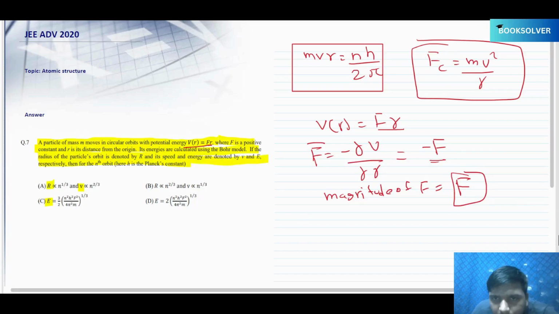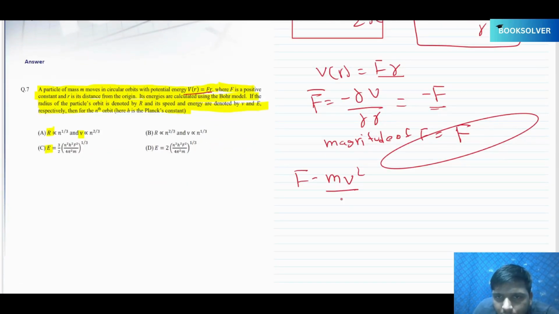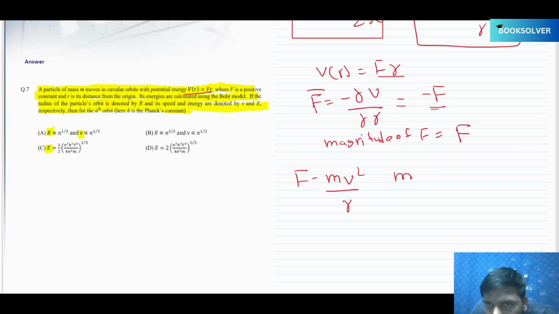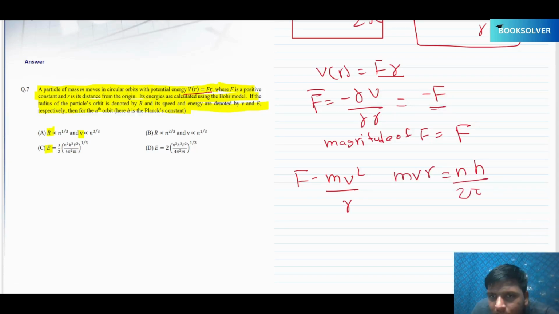Now the centripetal force which is acting here is equal to mv square by r. Also, we have one more equation, that is mvr is equal to nh by 2 pi. Now we have to find r. To find r, we can put the value of v here, because v is one of the variables that we do not know.